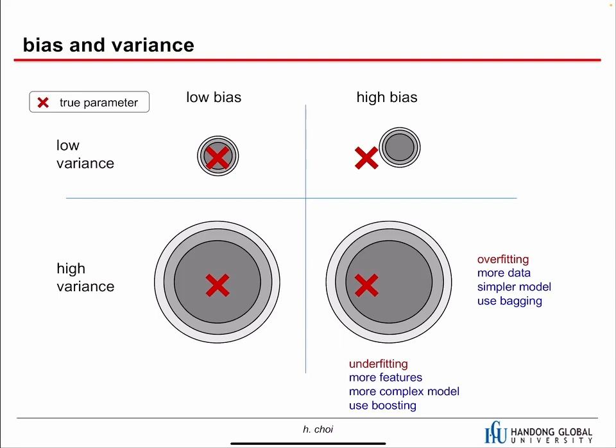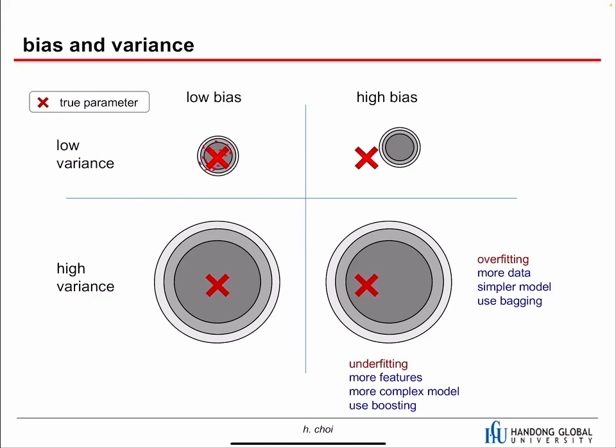And we can use another diagram to explain this bias and variance. So let's say this red cross is the true parameter. Okay, this is the true one. And when we estimate, then the result is around here.